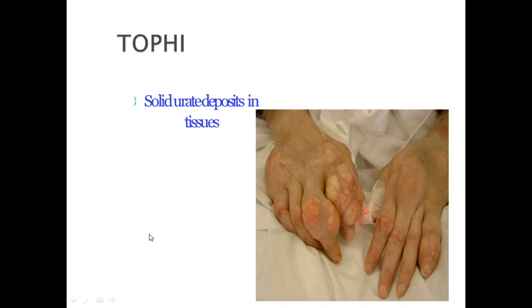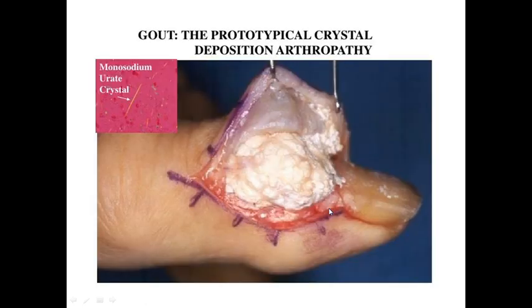Tophus is the solid urate deposition in tissues, which sometimes reaches a big size, and here also is tophus deposition. Tophus consists of uric acid crystals.